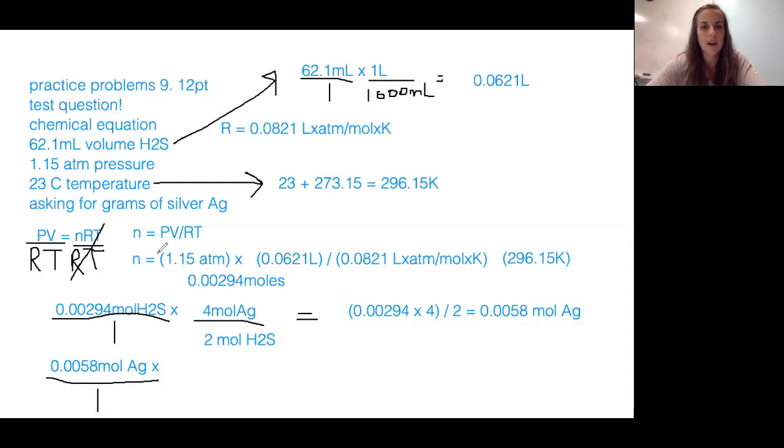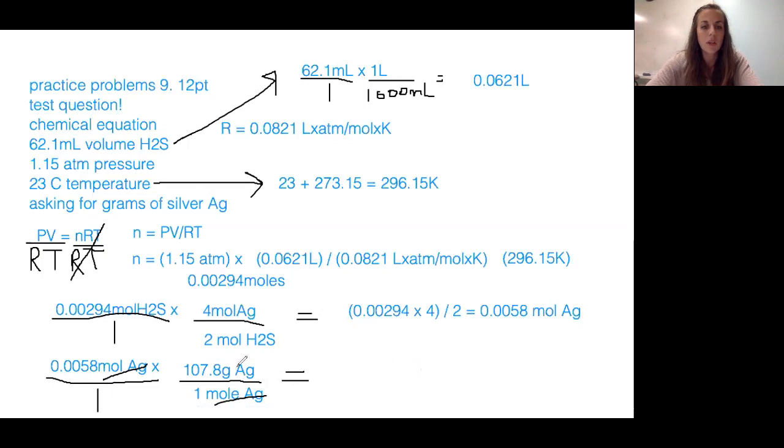And I'm going to multiply it by the conversion factor, which is going to be, on the top, I need to find out how many grams are in 1 mole of silver by looking at the periodic table. And it's 107.8 grams of Ag. And that's going to be over 1 mole of Ag. I know there's this many grams in 1 mole. And then my moles will cancel and I'll be left with grams, which is what they're asking me for.